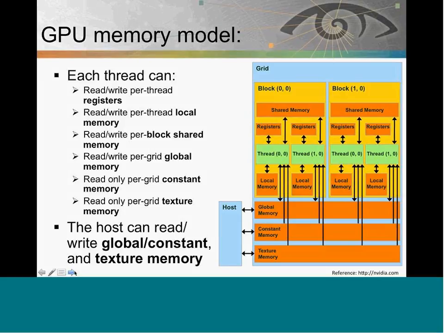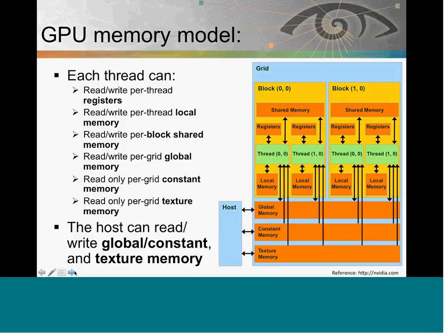So register is read and write per thread. Local is also read and write per thread. Shared is read and write per block. Global is read and write per grid.